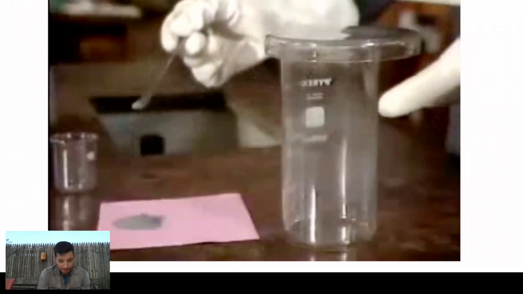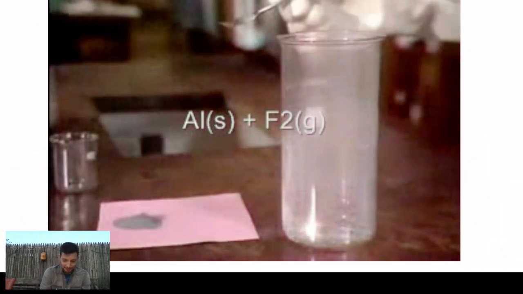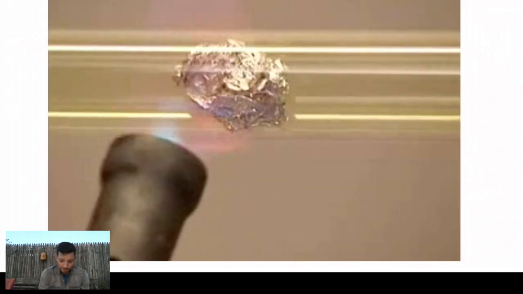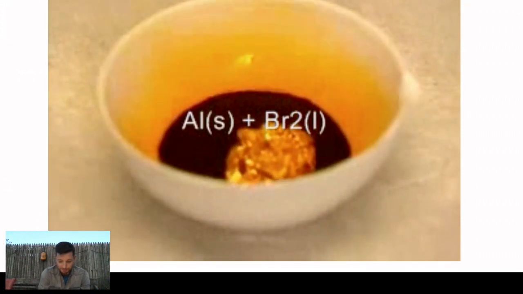Now this is aluminum powder reacting with fluorine, and it's very, very fast to react. So this is going to show us how the rates of the reaction are different. Here's aluminum in a column of chlorine. It reacts a little more slowly, but a bit more exothermically. You can even see the white precipitate of aluminum chloride. There's liquid bromine and a piece of aluminum foil.